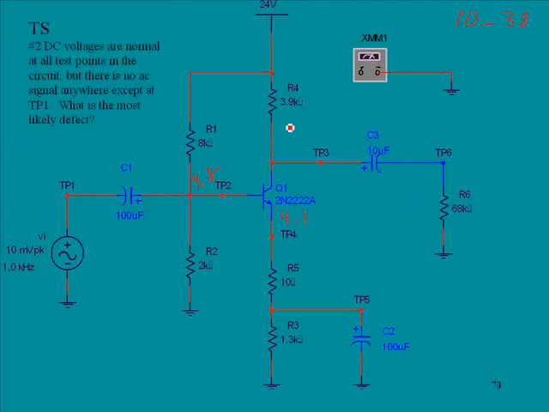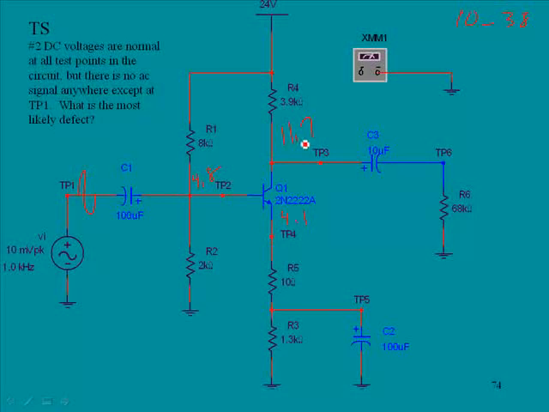on an 11.7 here. And it says, okay, all the DC is normal, but there is no AC signal anywhere except at test point 1. So we see an AC signal here, but we should see an AC signal here, and we should see one here, and actually we would see a small one right here, but we don't see them.